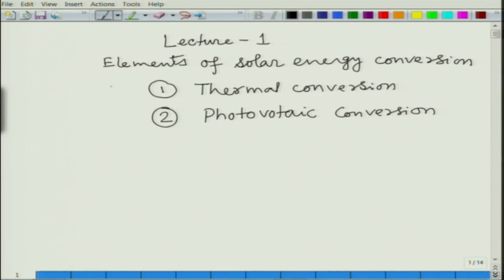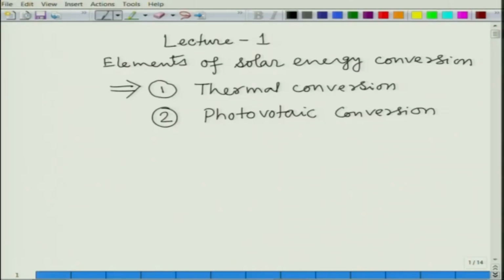But our major focus would be on thermal, particularly because there is plenty of information already available, and plenty of courses as well, on photovoltaic conversion. So, we will focus more on thermal conversion, and the photovoltaic part we will add for the sake of completeness.